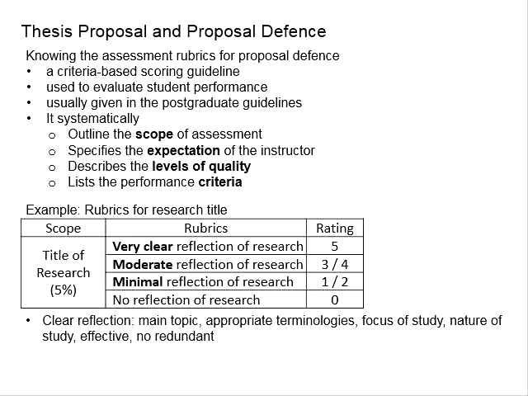Now the problem here is, how do you define clear reflections of the research? For this you will have to go back to the chapter where we discussed the title, which is about the structures of the thesis under the chapters of technical writing. Clear reflections means it covers the main topic, appropriate terminology, focus of study, nature of study, effective, and no redundancy.